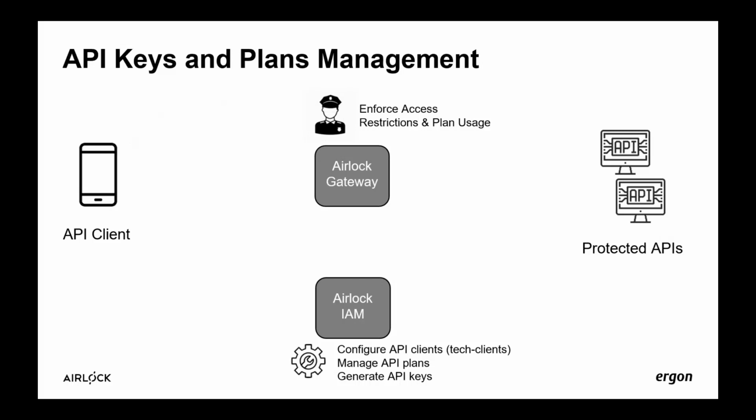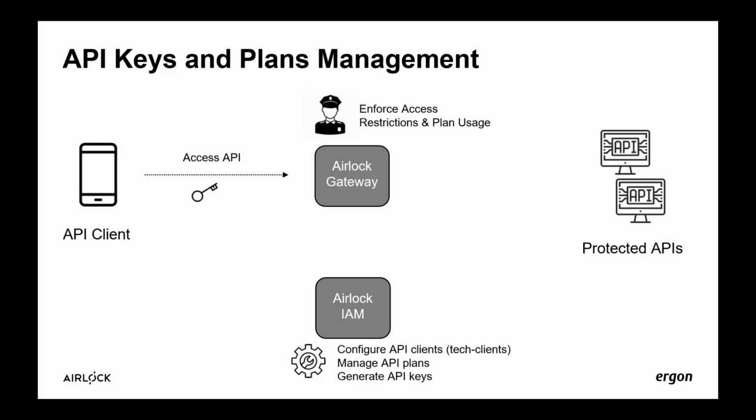Let's talk about the features. One of the biggest features which came in with the new version is the possibility to have API keys and plans management, which means that the Airlock Gateway and the Airlock IAM can generate API keys for your clients, to send with them when they call your API.